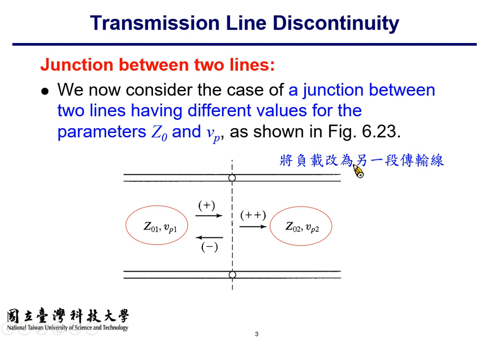Because Z sub 0,1 is different from Z sub 0,2, we have the situation of the so-called impedance mismatch.